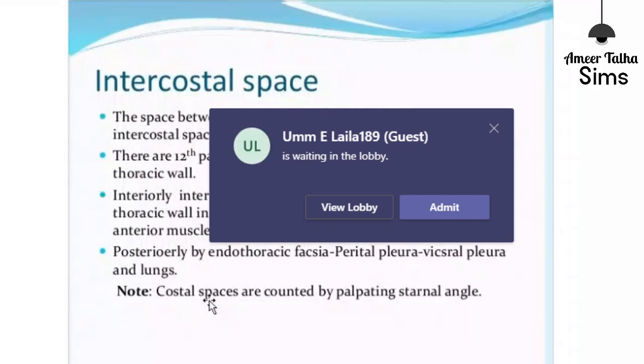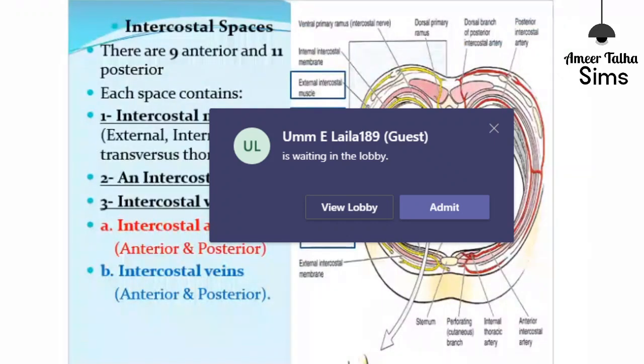Angle of Lewis. Yes, Angle of Lewis. Exactly. There are 9 anterior and 11 posterior intercostal spaces. Okay? And each space contains intercostal muscles and a neurovascular bundle having intercostal nerve and intercostal vessels, including the intercostal arteries and intercostal veins.